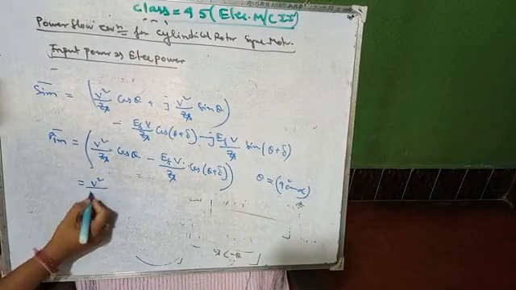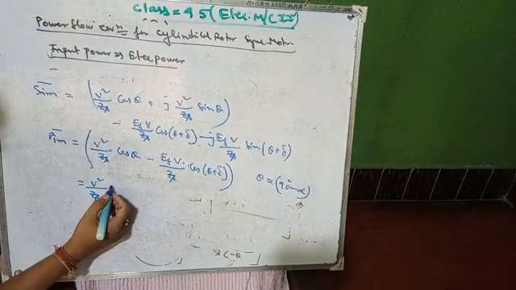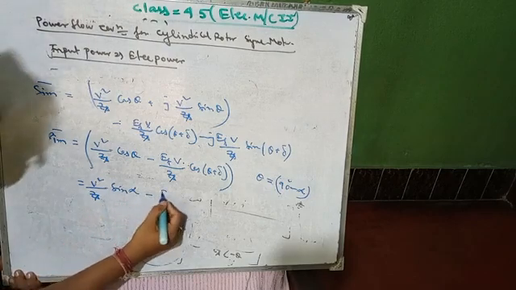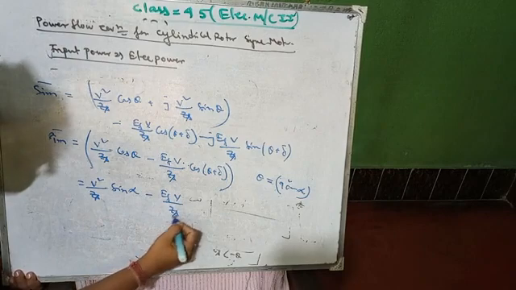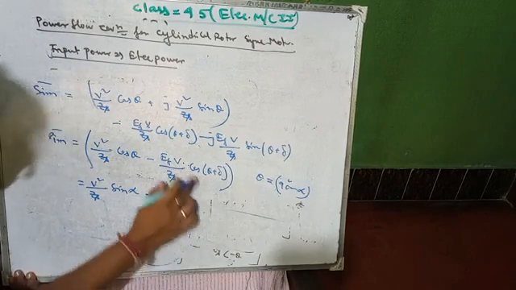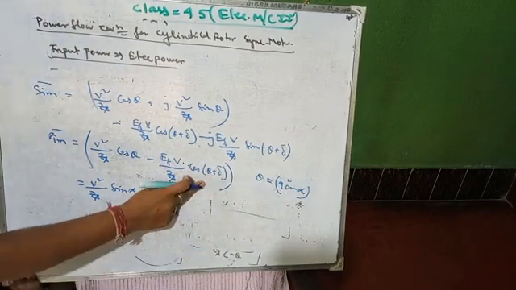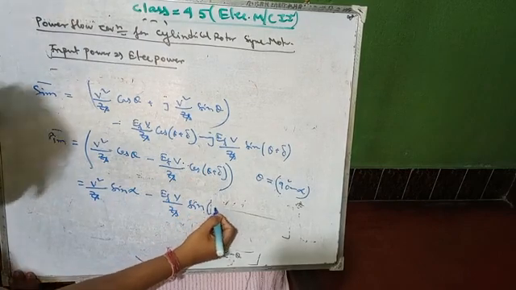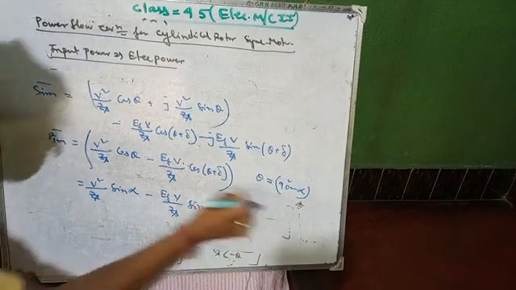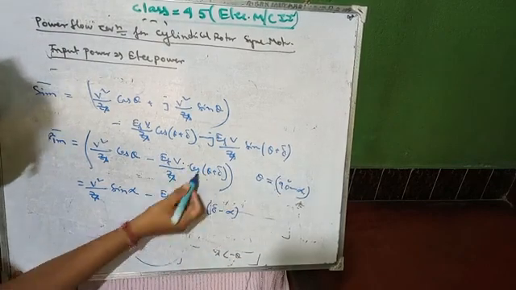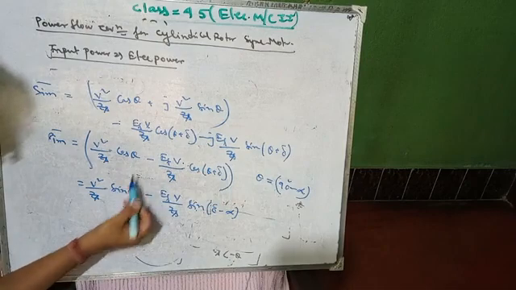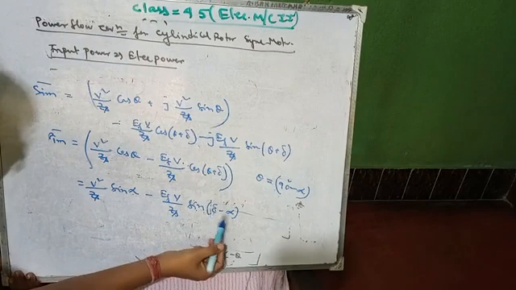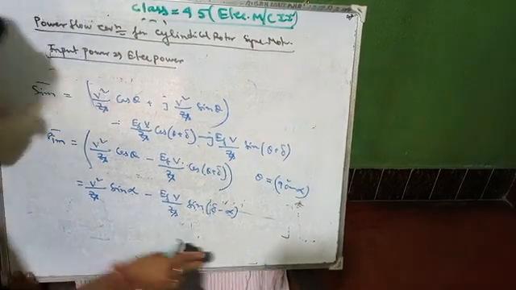So if we put it, V square by ZS cos of 90 degree minus alpha, that will be sin alpha, minus EF V by ZS sine of del minus alpha. If we apply theta equals 90 degree minus alpha here, then cos becomes sine. Theta becomes alpha, and the domain will be del minus alpha.